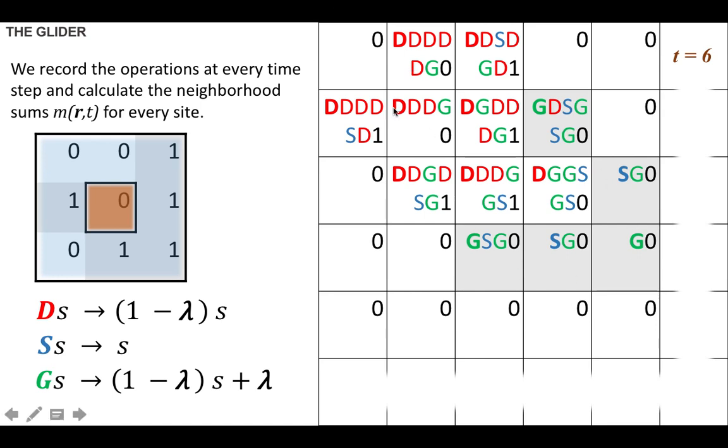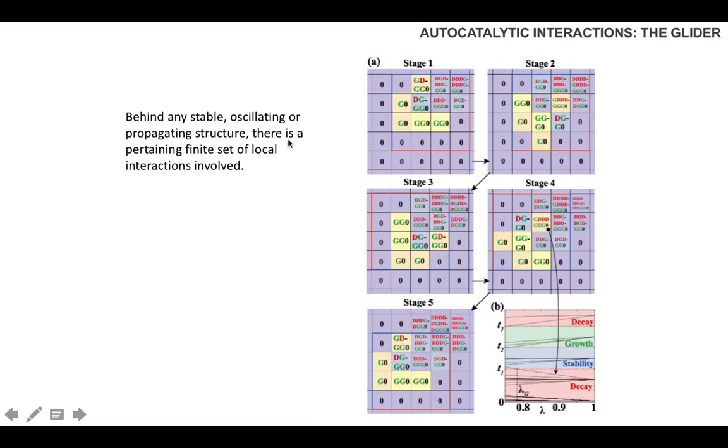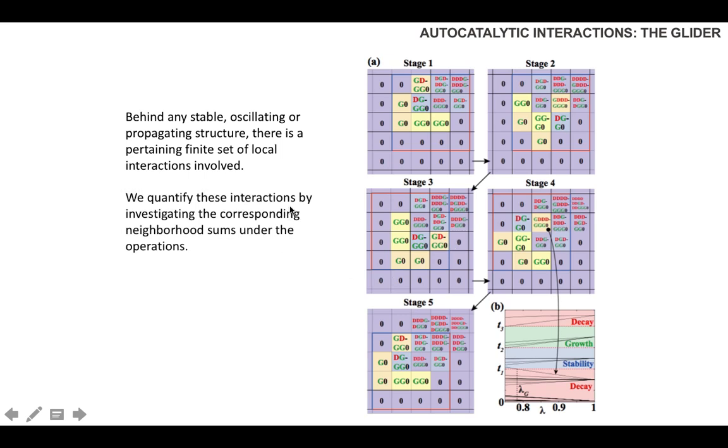Okay, so while we repeat this, we get the decaying cells that are left behind, but there is this feature that emerges here that keeps repeating. Behind any stable, oscillating, or propagating structure, there is a pertaining finite set of local interactions involved, and this is seen here even better. And we quantify these interactions by investigating the corresponding neighborhood sums under the operations.